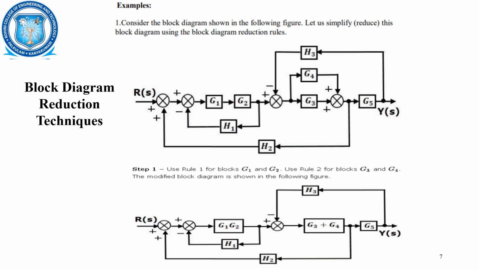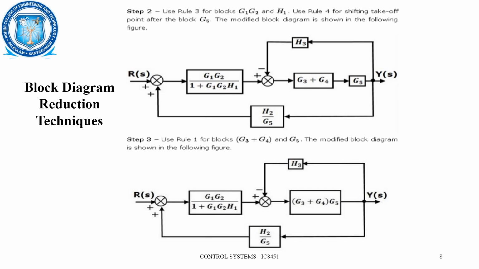It is g1, g2 and h1, and it is a negative feedback. We are having g1 g2 divided by 1 plus g1 g2 into h1, and here we have shifted this branch point to the ahead of the block. So we have h2 divided by g5 here. Here this is another feedback loop, and so here we have a cascaded element, g3 plus g4 into g5.